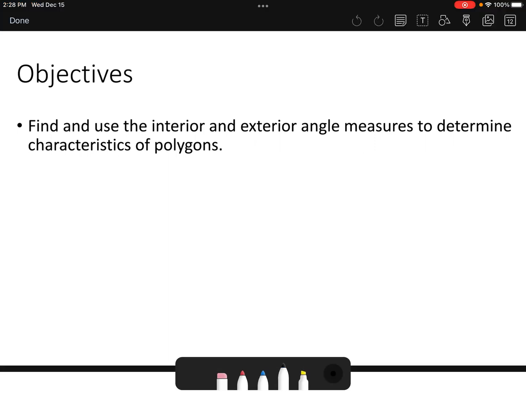A polygon must have each vertex with only two segments on it, and it must be a closed two-dimensional figure. That is a polygon, okay? That's called a convex polygon, all right?